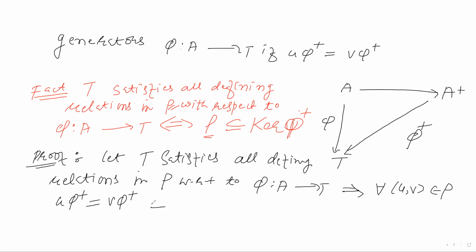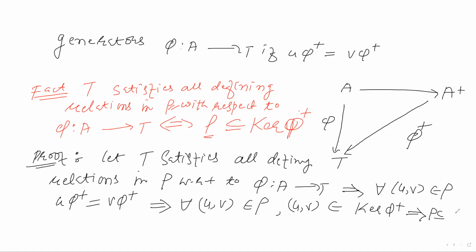So this means for all u, v in rho, this pair (u, v) belongs to the kernel of phi plus, or you can say that this implies that rho is a subset of the kernel of phi plus.